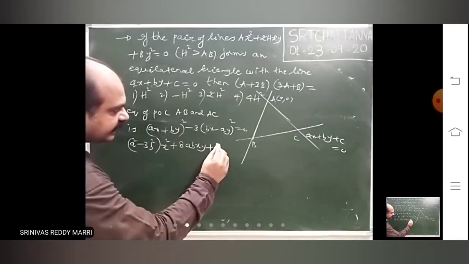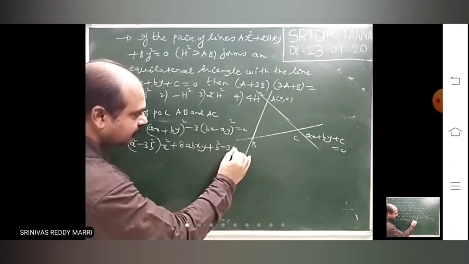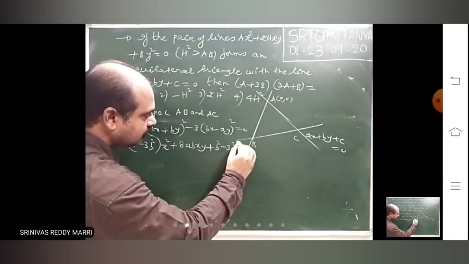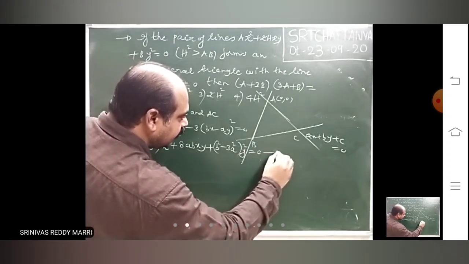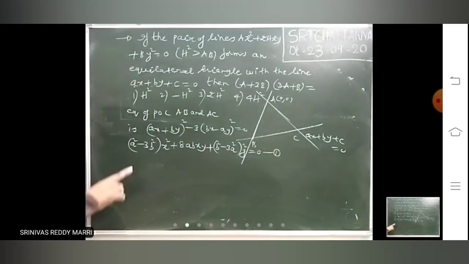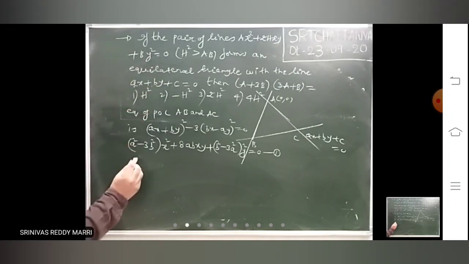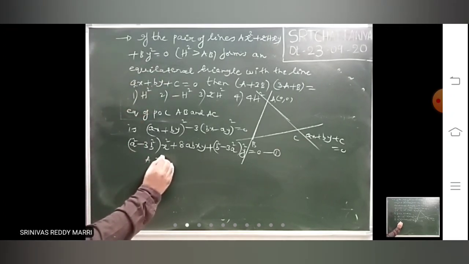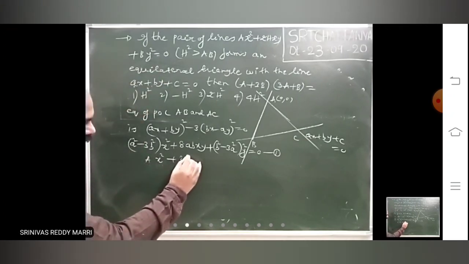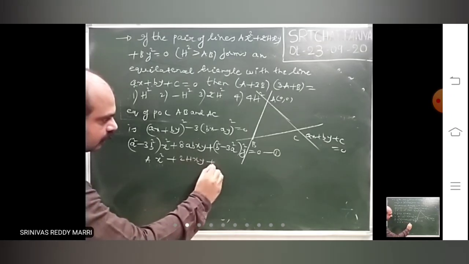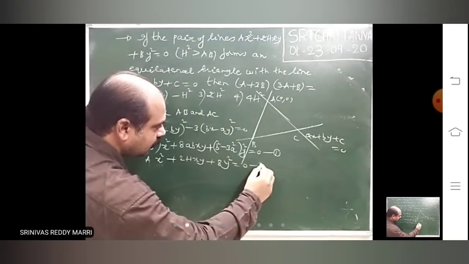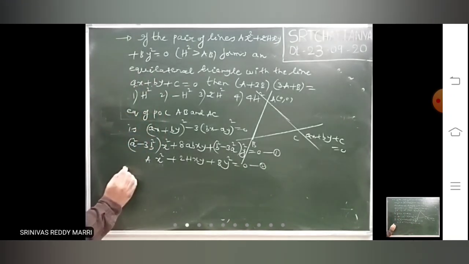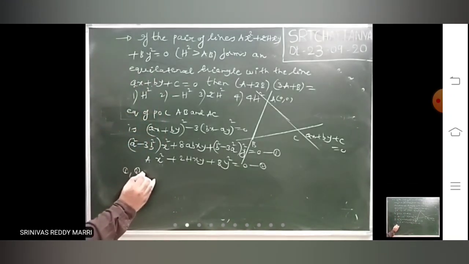So now b square here. Let us say this is equation 1. This equation only he has given that. So 1 and 2 represent same.